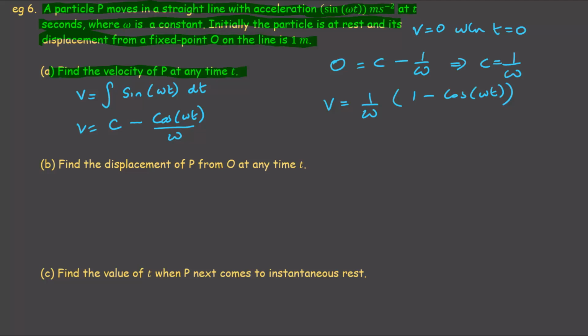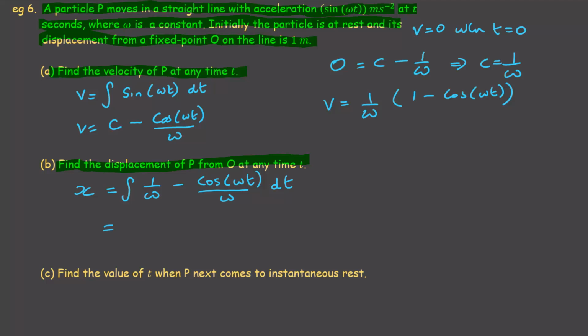Okay, we now want to find the displacement of P from O at any time t. So x, well, that's going to be the integral of v. So we're integrating 1 over ω take away cos(ωt) over ω dt.